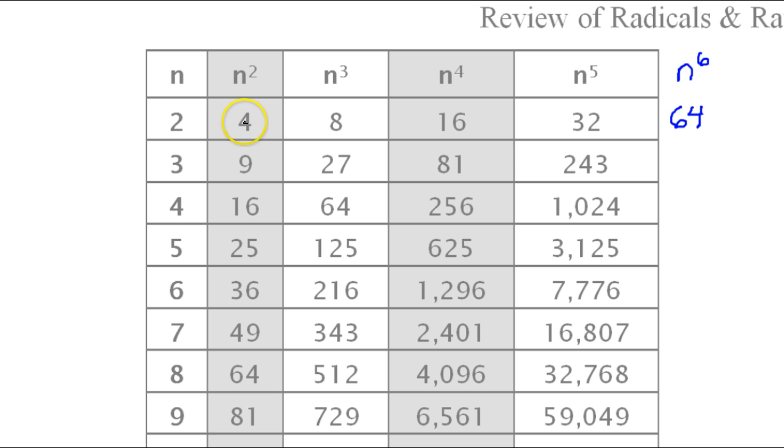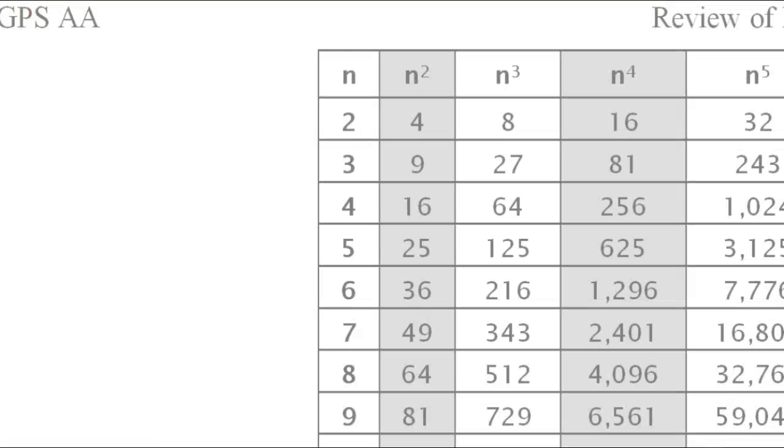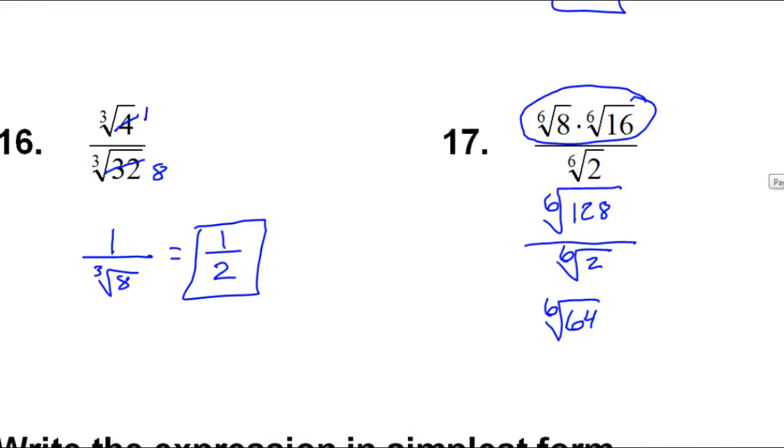See how it goes 4, 4 doubled is 8, 8 doubled is 16, 16 doubled is 32, 32 doubled is 64. So I don't know what to tell you about that not being on the chart. But the reality is the sixth root of 64 is 2. Whoops. So that is the final answer.